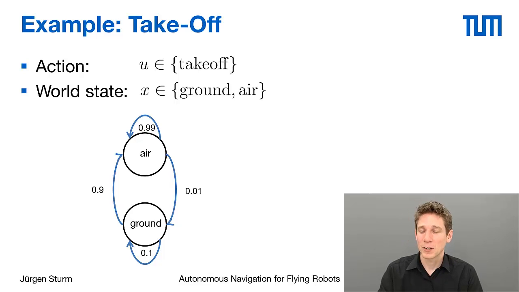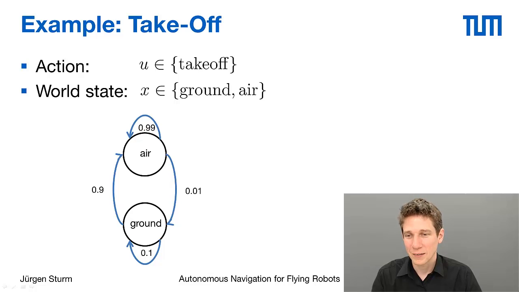Then we can model that using a so-called transition diagram as depicted here on the slide. The nodes here correspond to the different world states. So we have two nodes, ground and air, and we have some arrows in between, and those arrows indicate the transition probabilities between these states according to a certain action.